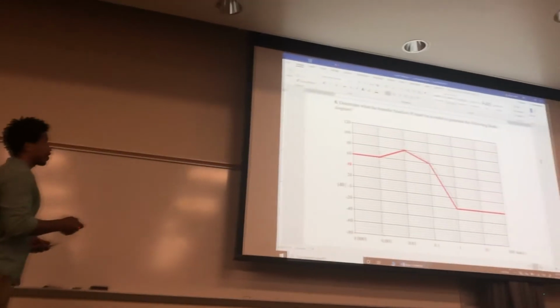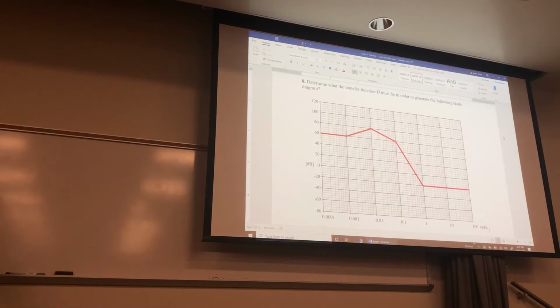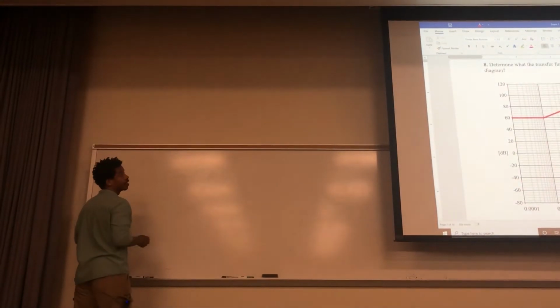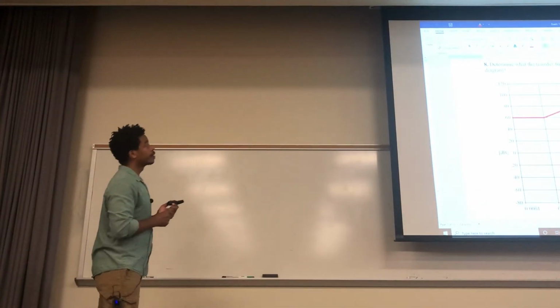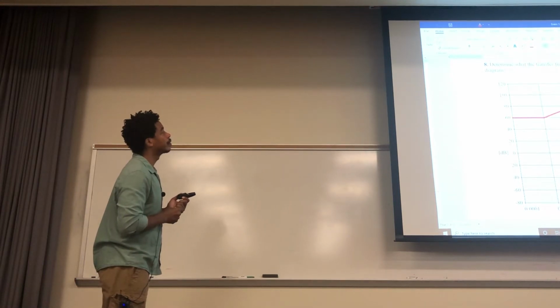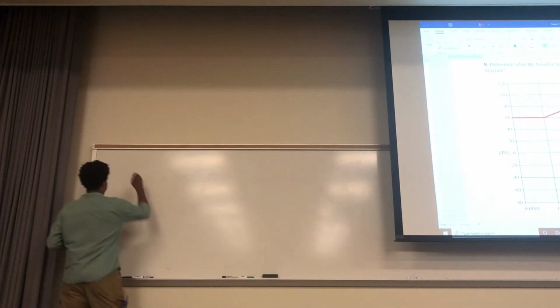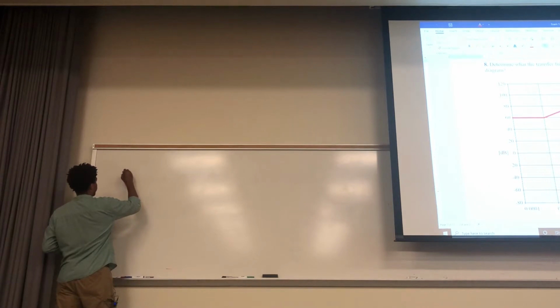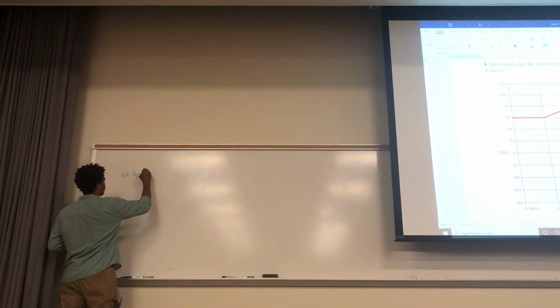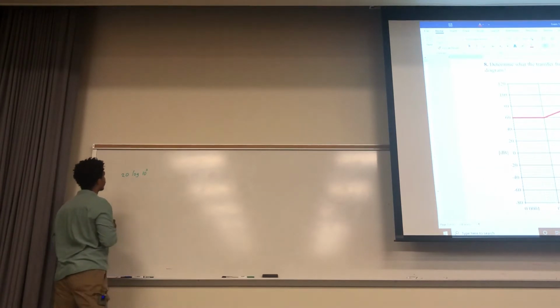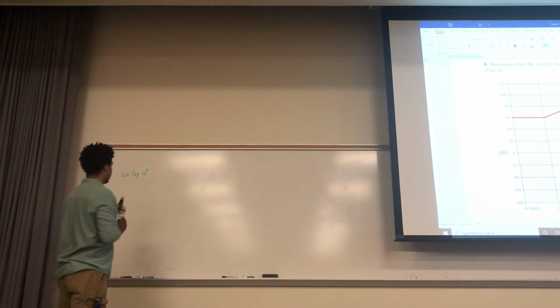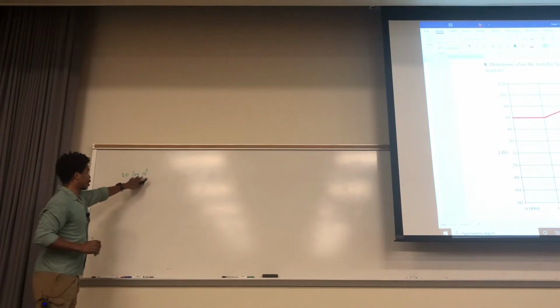So for this first one right here, we could just say that one right there is like 20 log of 10 to the third power. Then that'll give us our 60 decibels, because 20 times 3 is 60, right?